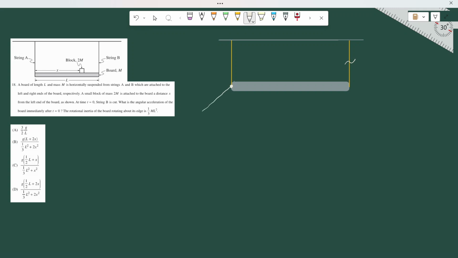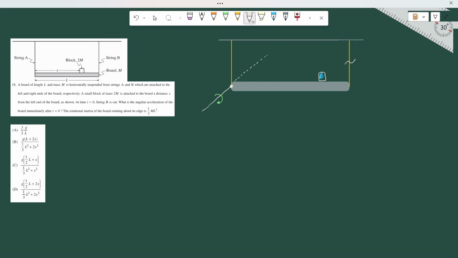So we assume that this is our axis about which the system will rotate immediately after. It will rotate like this. Now, we place a mass of 2m right at that point, whereas the board has a mass m. Due to these two forces, what two forces?